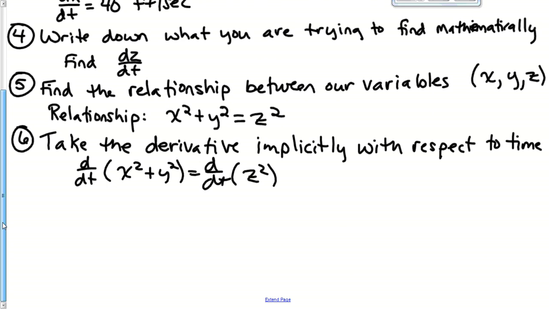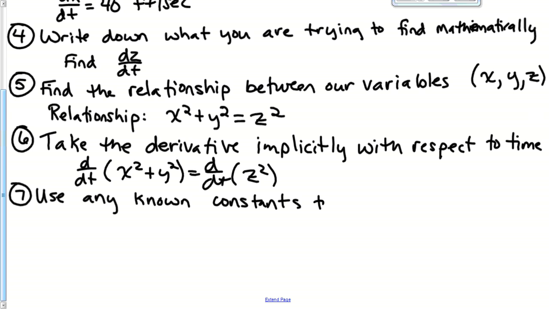Moving down, step 7. We're going to use any given constants to find any missing constants. So we did a little check, and we knew we didn't have a z. So what we did is, well, we knew we had x and we knew we had y, and we had to find z.